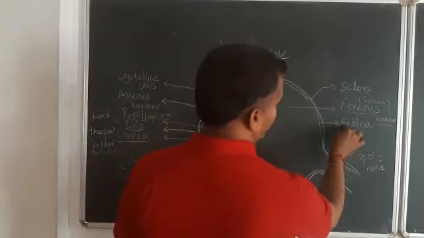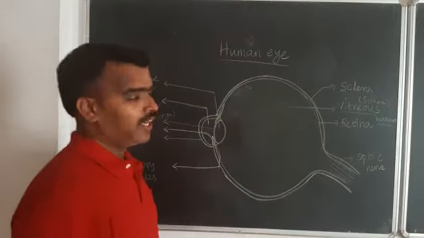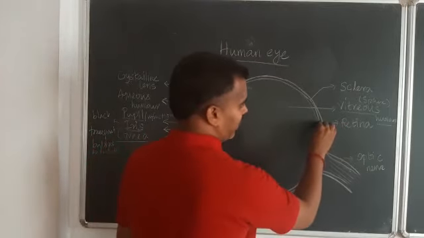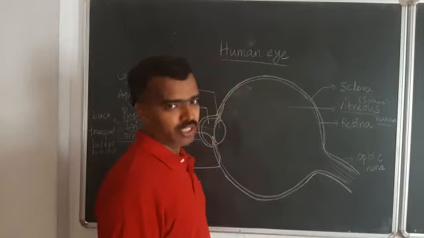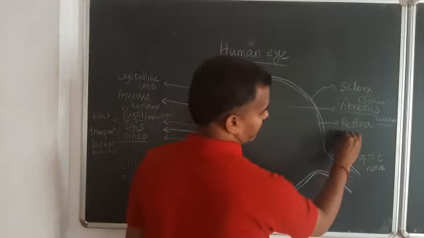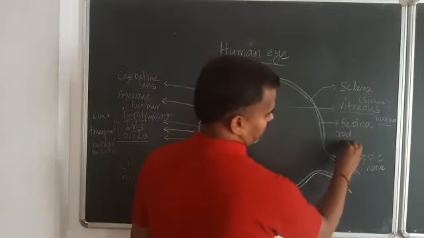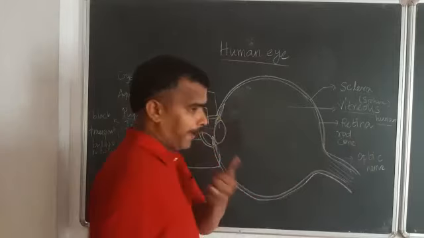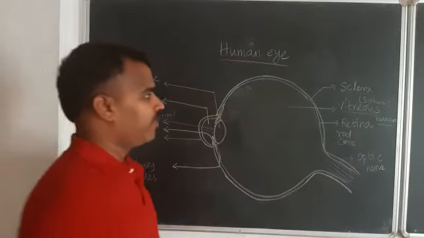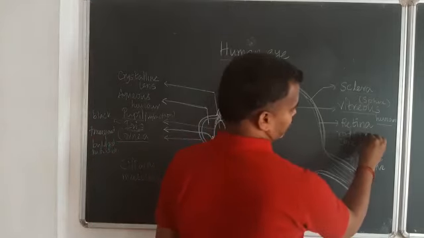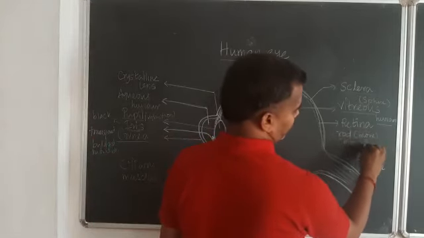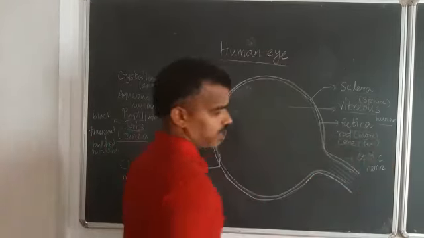Here we have the retina. In the retina we have photosensitive cells, which are either rod or cone shaped. In the human eye we have a large number of rod cells and very few cone cells.